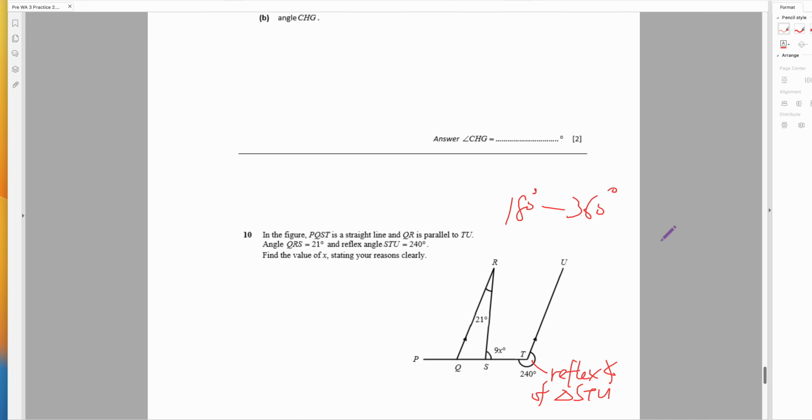Now what is this? This is exterior. This one is also angle STG. This one actually is not called an exterior angle. It really depends how you look at it.